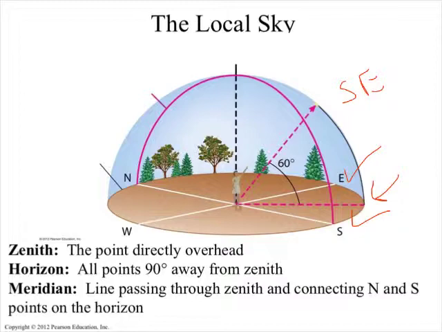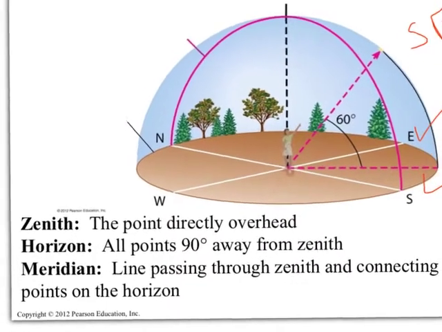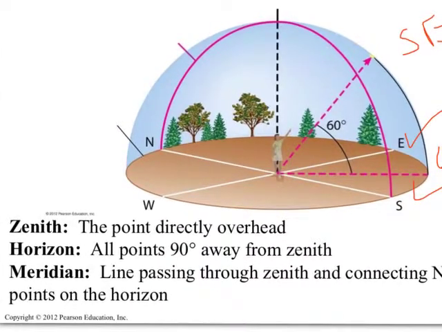So I also want to point out some other important things in your local sky. When somebody talks about their zenith, they are talking about a location right overhead. That's a person's zenith. The horizon, of course, we talked about; you need it to say what sort of altitude an object is. But the horizon basically is in all directions going out that way.